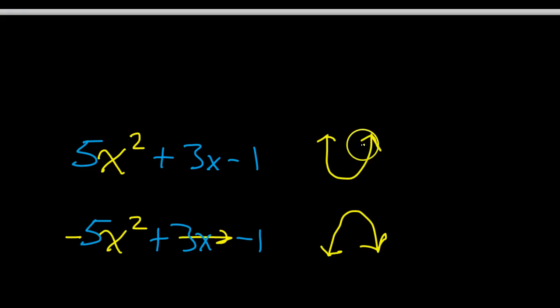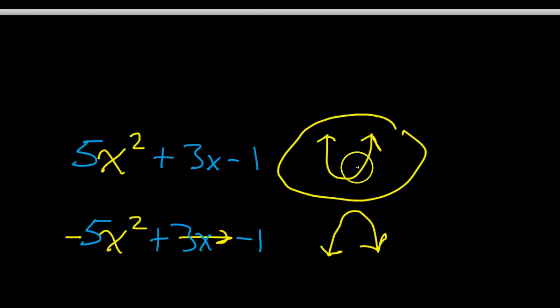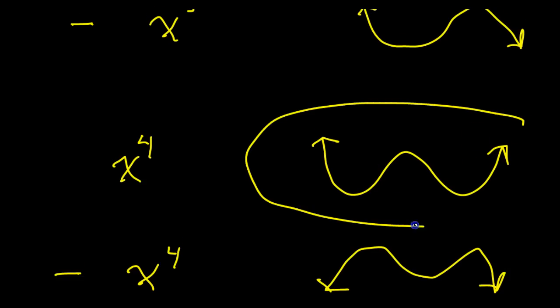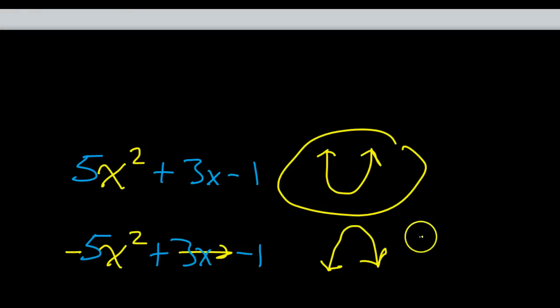Start with evens. Notice the similarity between x squared and x to the fourth power. Especially look at the end behavior. See how both of these branches are reaching up toward the sky? And when we had x squared, same thing.